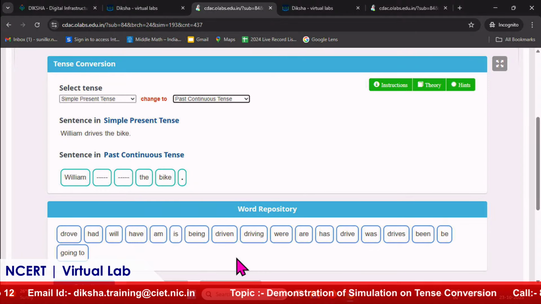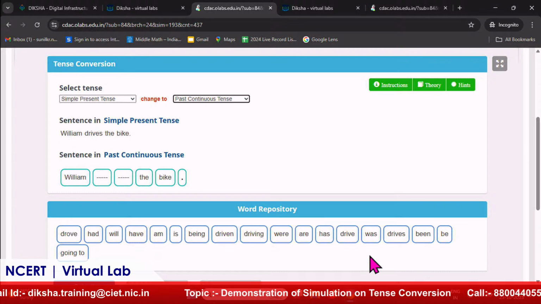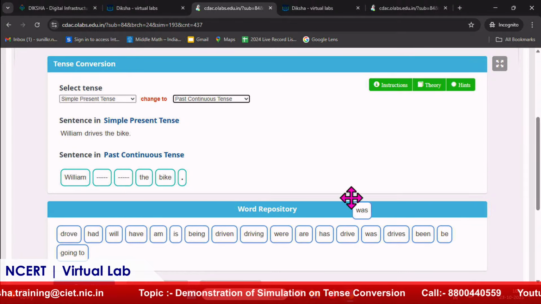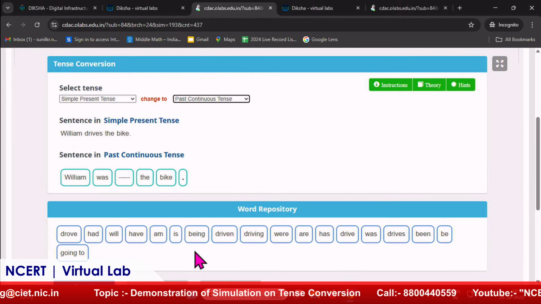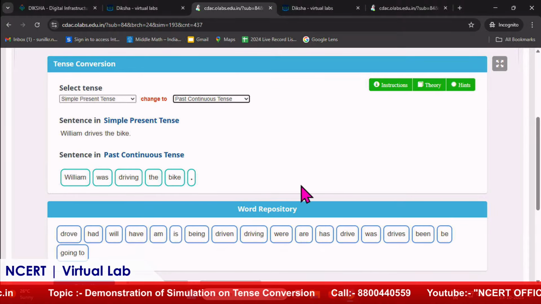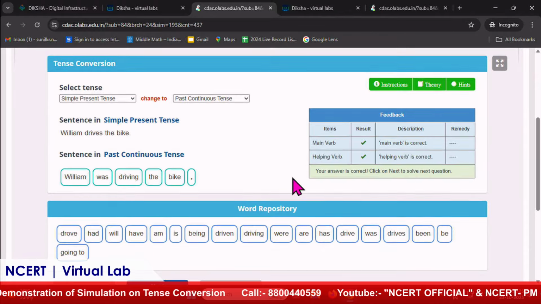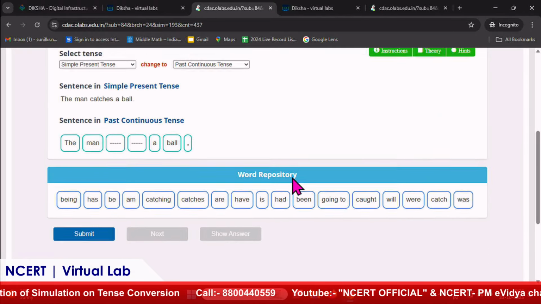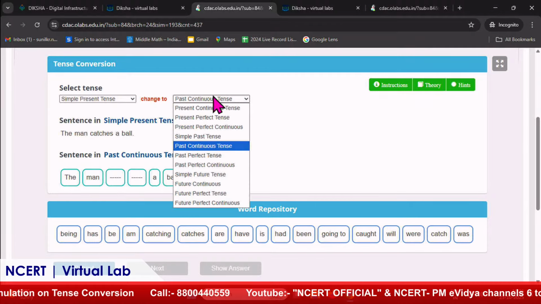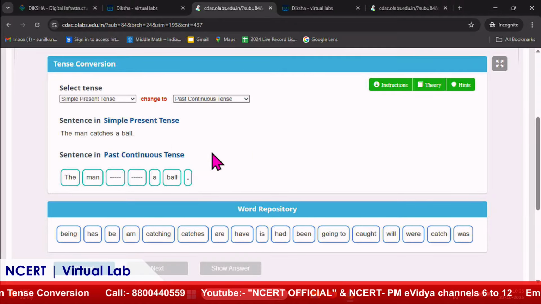So the tense has to be continuous, driving, and then the auxiliary verb was: William was driving the bike. Then we submit it, and that's the correct answer. Okay. The man catches a ball, and this time we'll do past perfect.